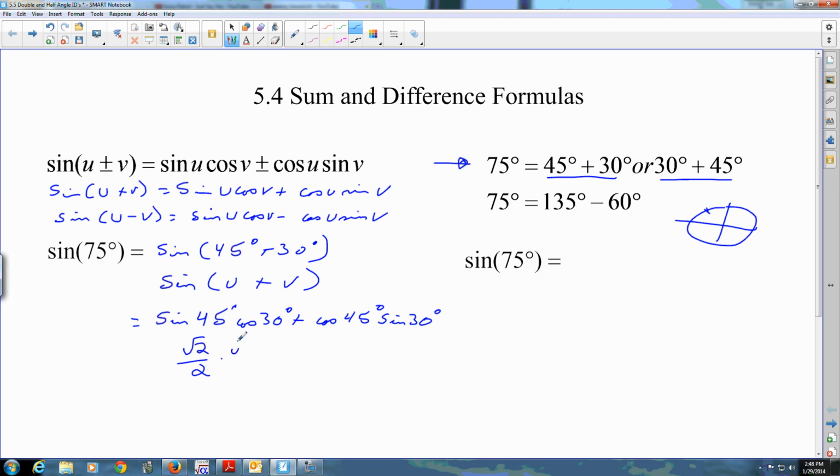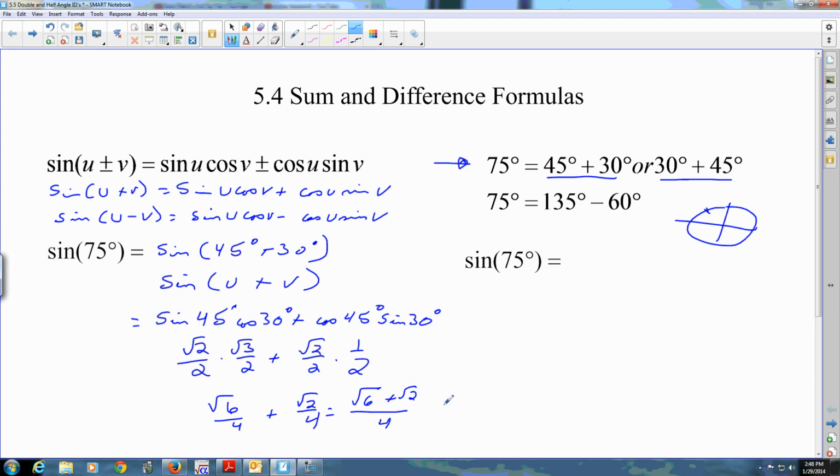Cosine of 30, that's square root of 3 over 2. Plus cosine of 45 is square root of 2 over 2 times sine of 30, which is a half. Multiply these straight across, and you get the square root of 6 over 4 plus the square root of 2 over 4, which is square root of 6 plus the square root of 2 over 4.